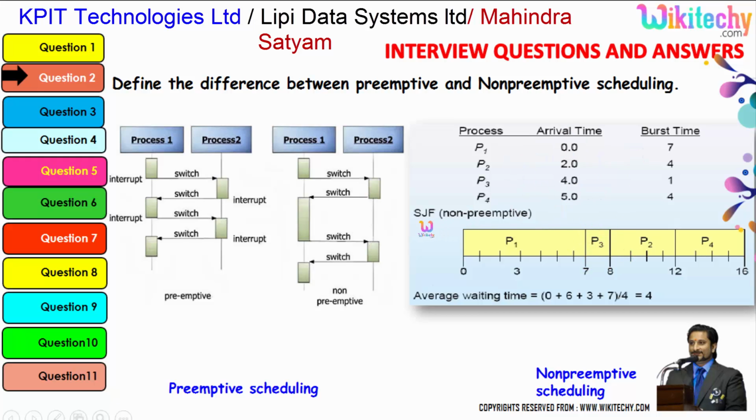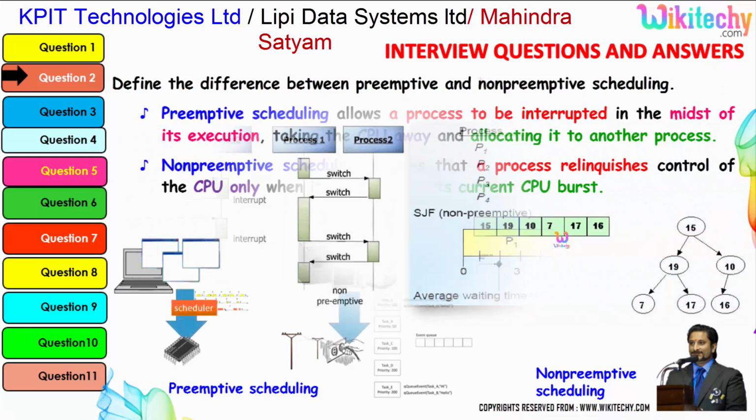Since it's shortest job first, P2, P3 and P4 are there. Which one is the shortest job? The one which came before and is waiting. So P3 will be executed, and afterwards P2 and P4 are both the same, but P2 came first. So P2 is executed and then P4 is executed. This is how non-preemptive scheduling works.